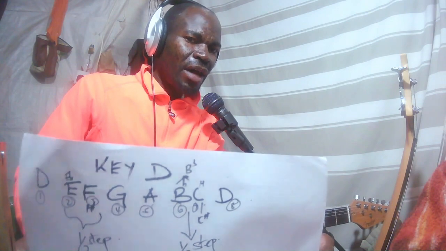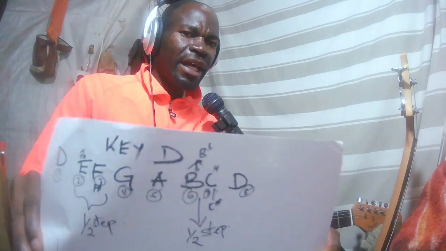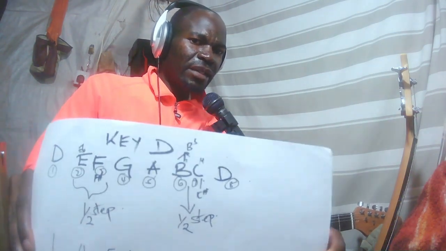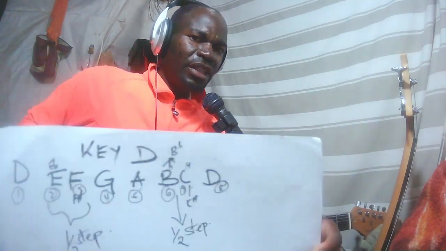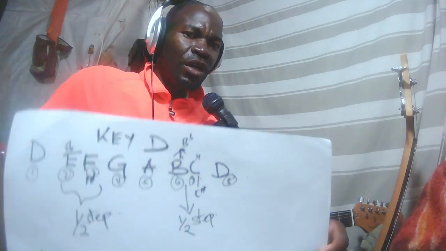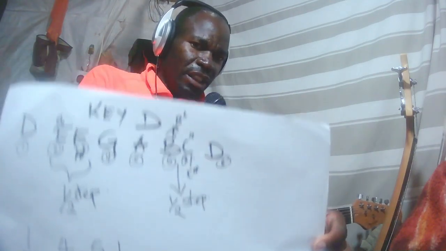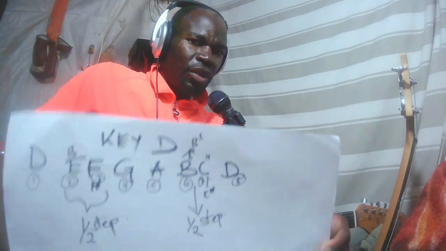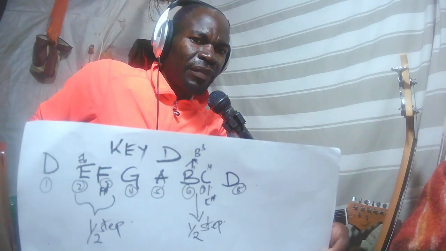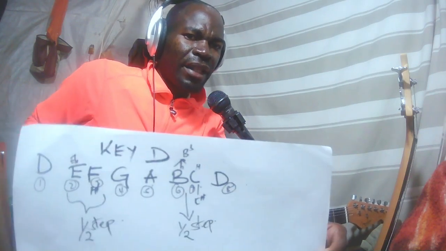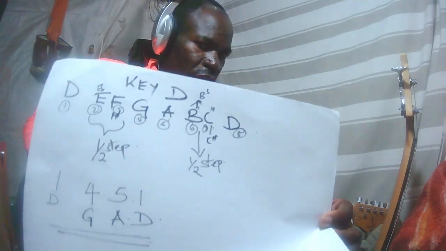To interpret that for any beginner, B to C is a half step, and E to F is also a half step. So there is no other note between E and F, or between B and C. That's one key point to take home.